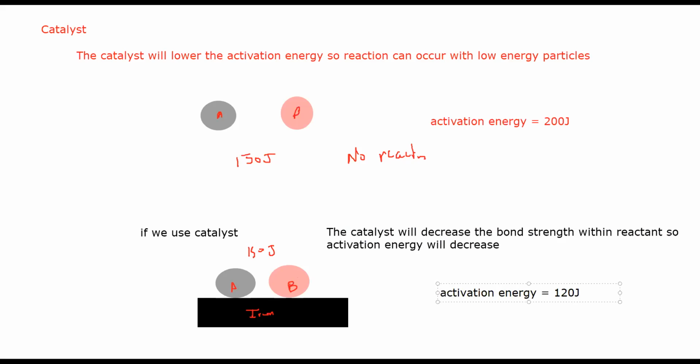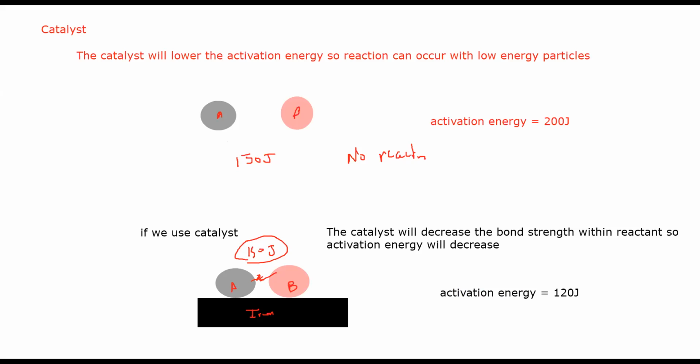As the activation energy is lower, the particles have 150 and their bond strength is weaker because of the catalyst. So the bond can break easily and form a product. But without a catalyst, the bonds within the reactant particles are stronger, so it is difficult to break them. That's why we need a sufficient amount of energy, or a higher activation energy. So the catalyst lowers the activation energy.